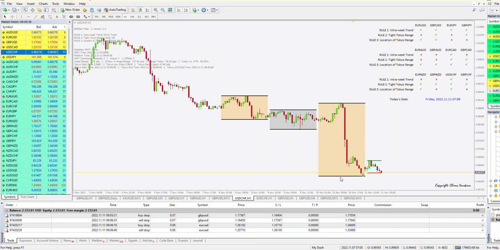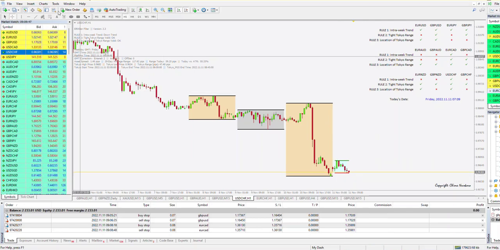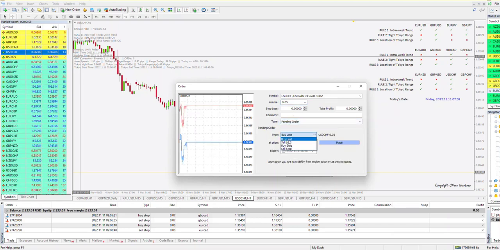So sell stop will be 0.96185, and it is 0.05.